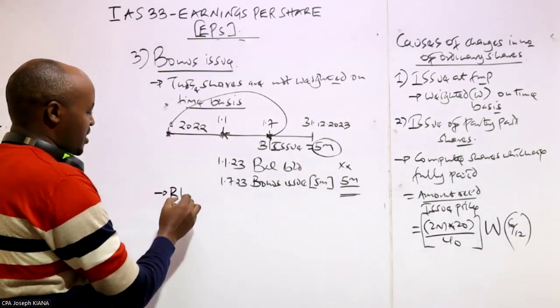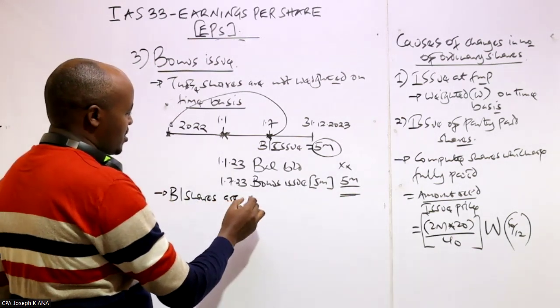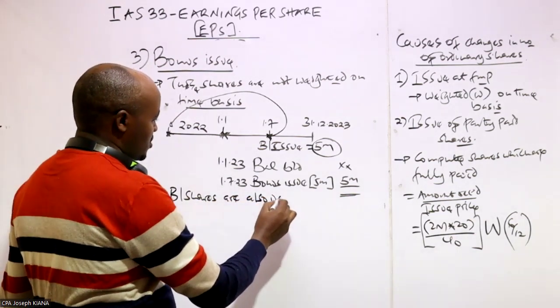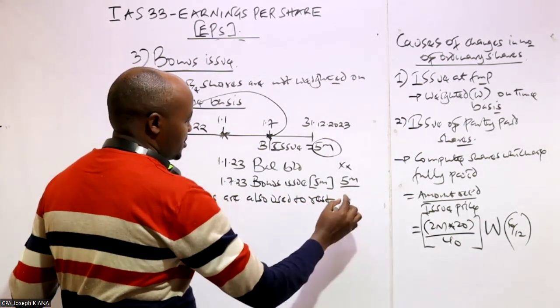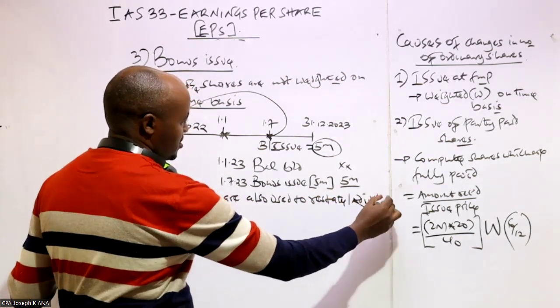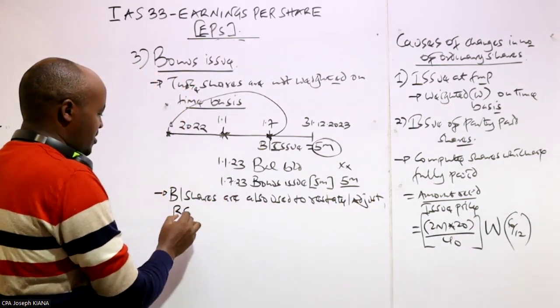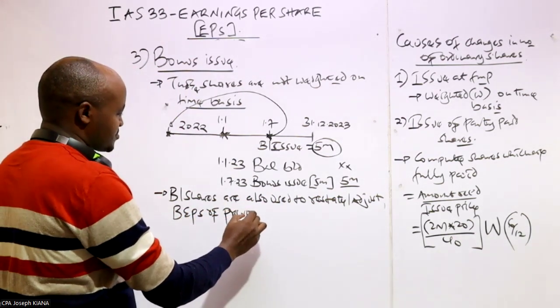So we can also say bonus shares are also used to restate, or in other terms, to adjust basic earnings per share of the previous year.